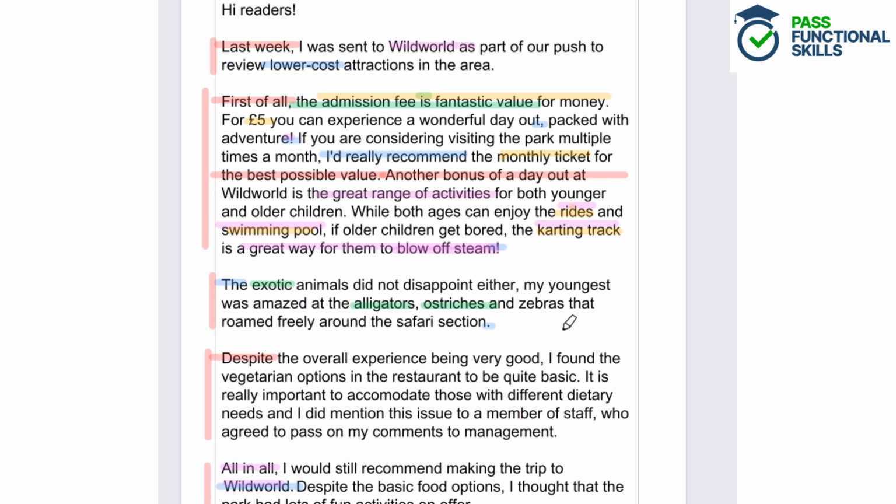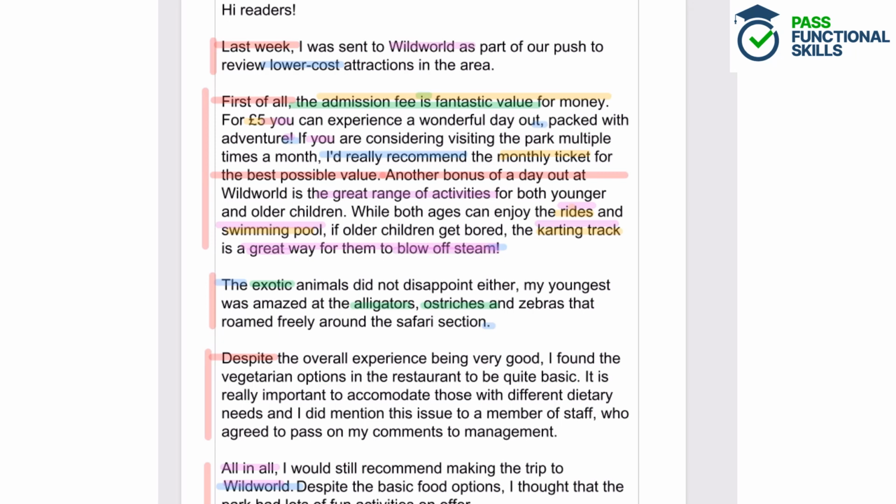So we've got those persuasive techniques that have been included, such as exclamations, and we have direct address, so you can experience, and if you are considering, so speaking directly to the reader and trying to draw them into the text. We've got lots of positive adjectives like great, and we've also got some emotive language that is used as well. So all in all, a really persuasive text that is well suited to the audience and purpose.